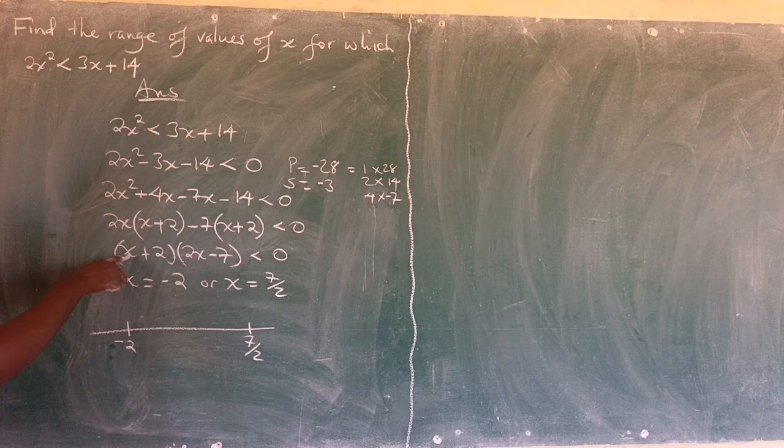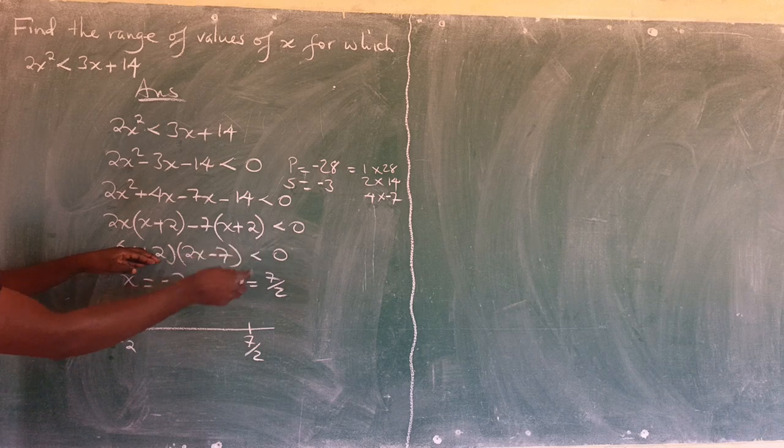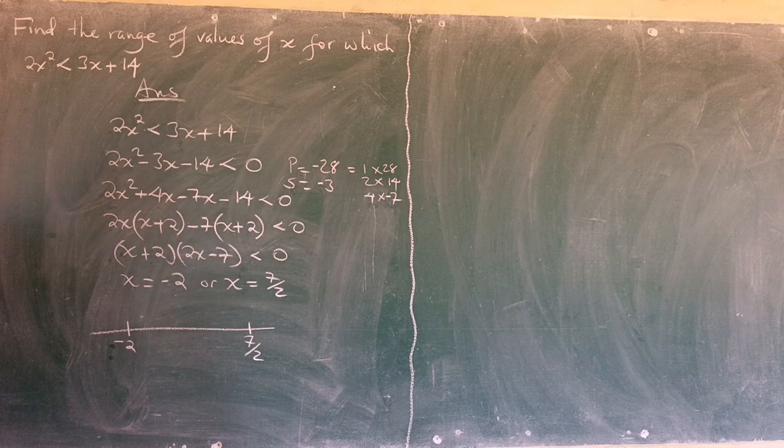So if we say negative 2 plus 2, that gives us 0. Then here, that means everything else will actually be 0. But if we use the critical values, we may not find anything that we want. So we pick the number that is slightly less. If we put negative 3 here, it will give us negative 1.